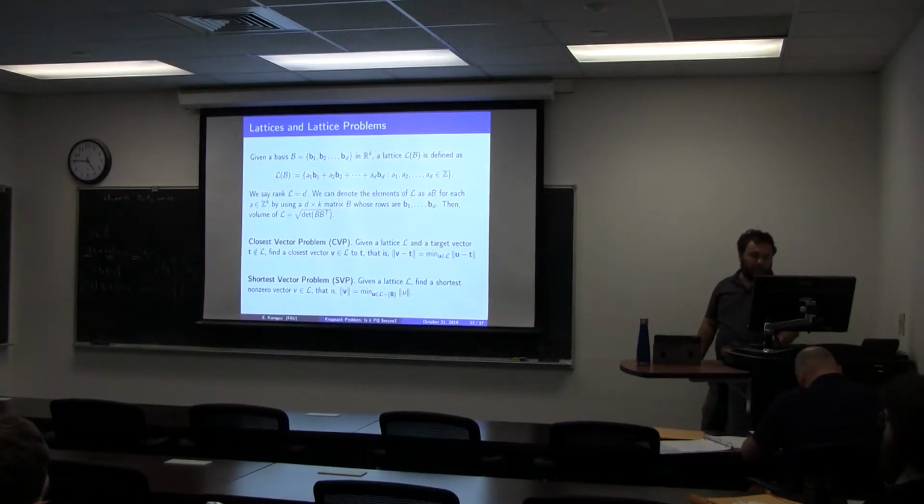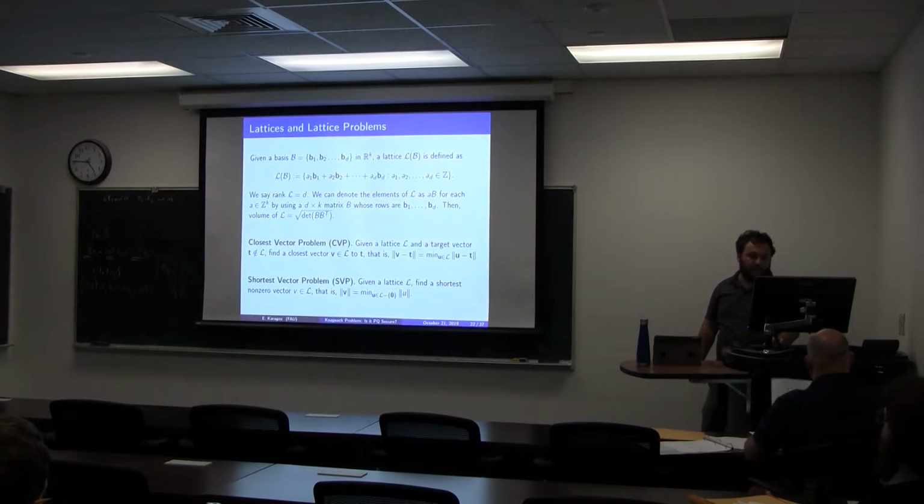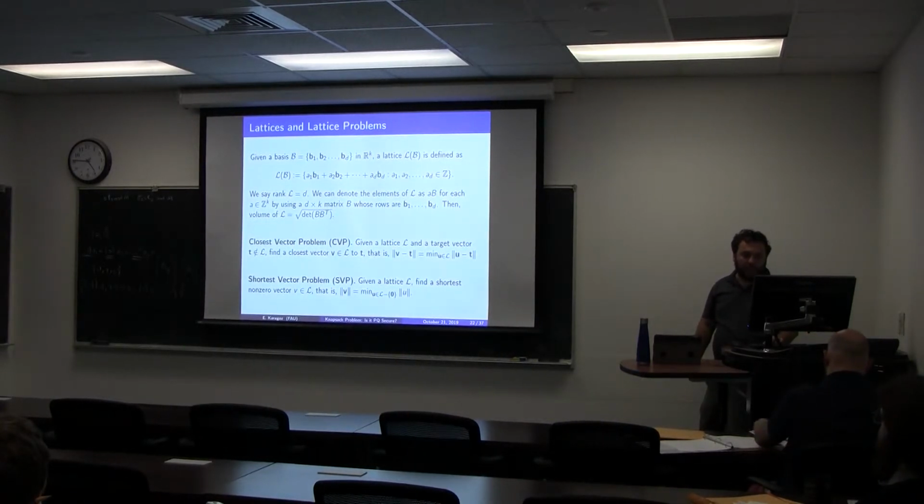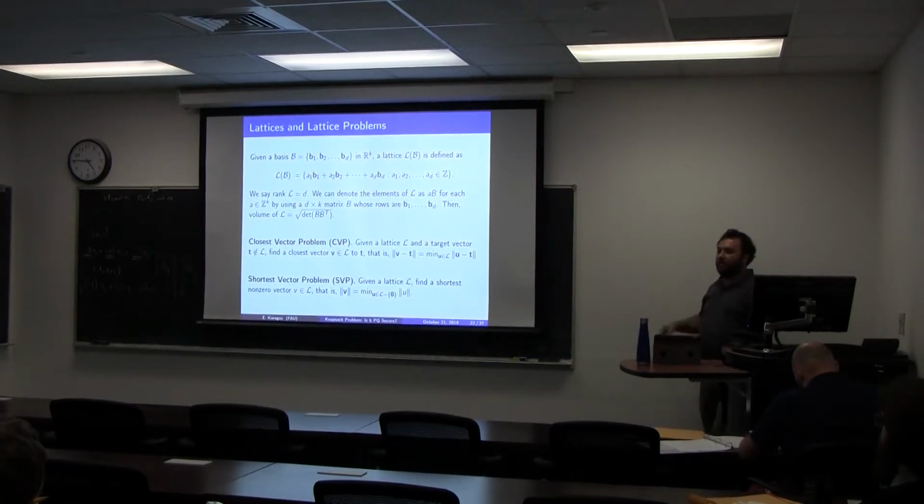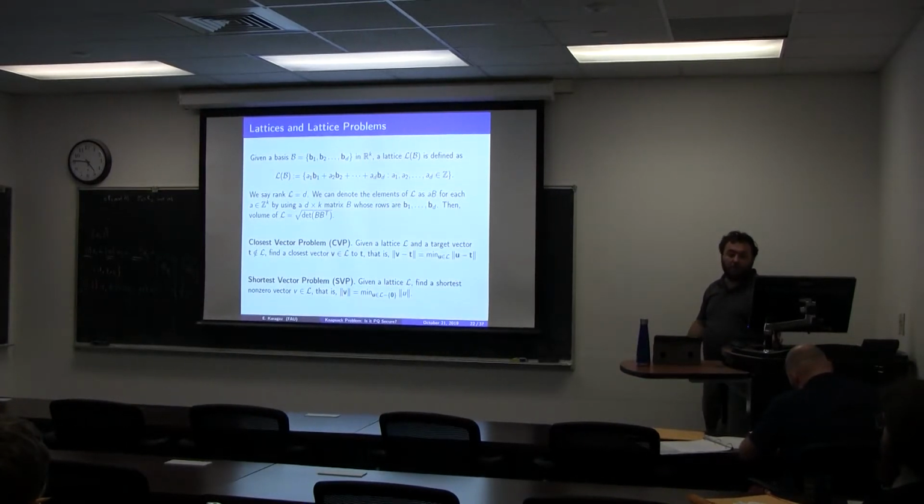The rank of the lattice is d because the number of elements in your basis is d. You can represent your lattice by using a matrix representation. You just write the basis vectors as rows or columns in your matrix, and the volume of this lattice equals the square root of the determinant of the matrix B times B transpose.